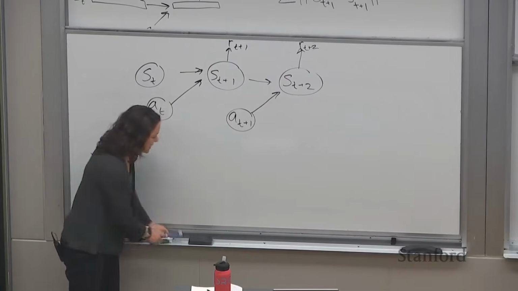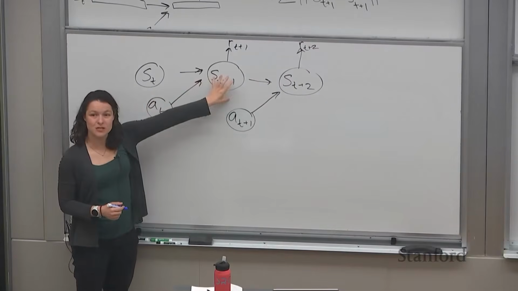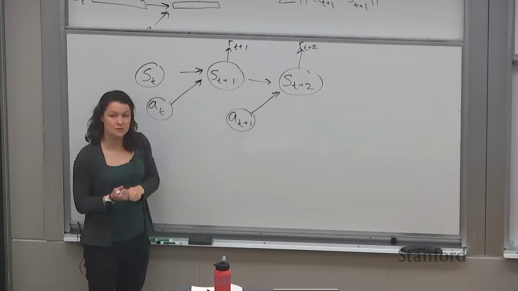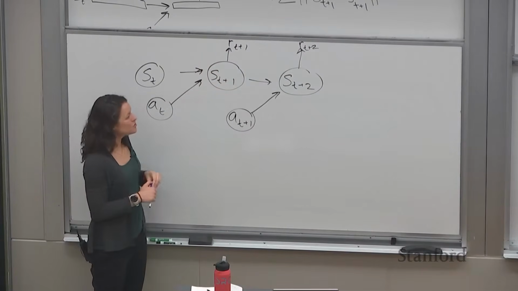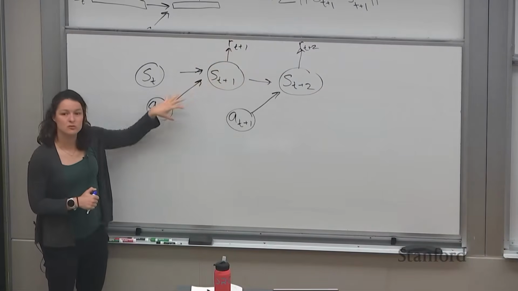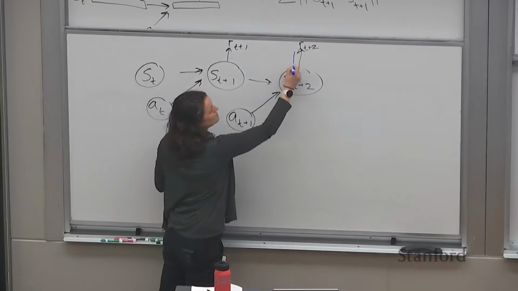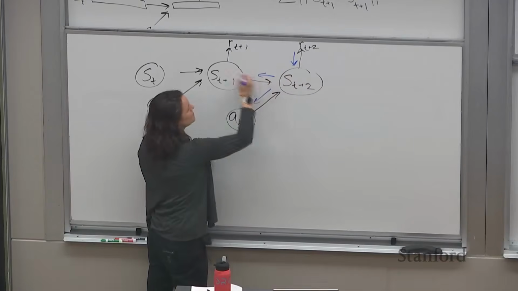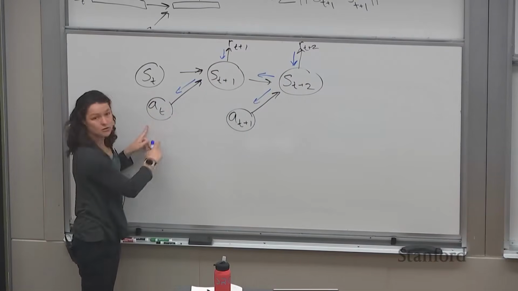But if we can actually predict what a future state is, and what a reward is based off of that, if we train a reward model and a dynamics model, then we could directly backpropagate from rewards into actions. So we could potentially directly pass gradients from your rewards into your actions.